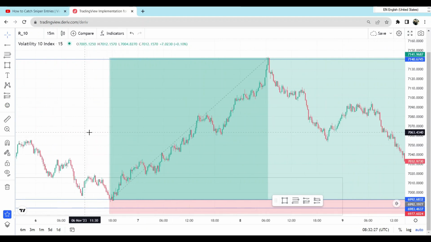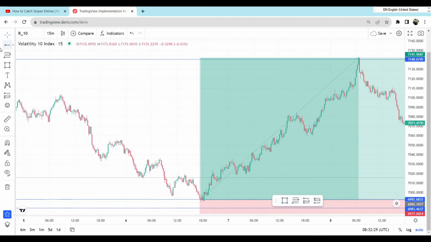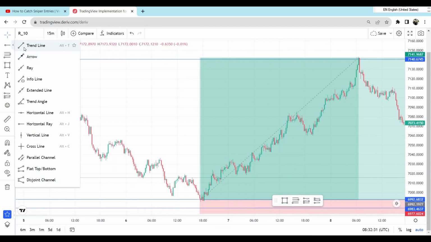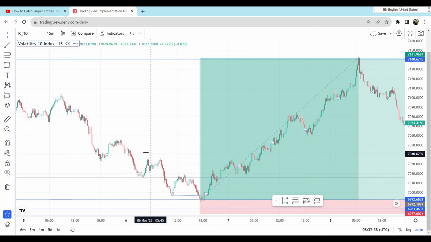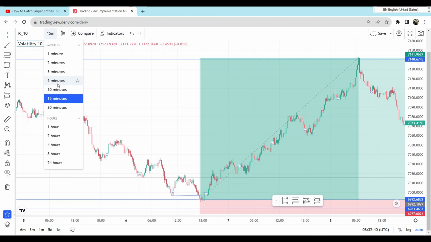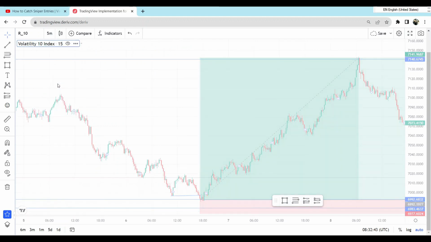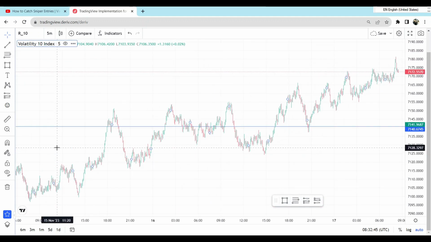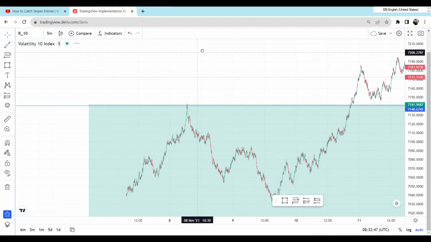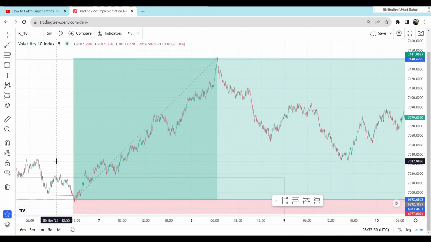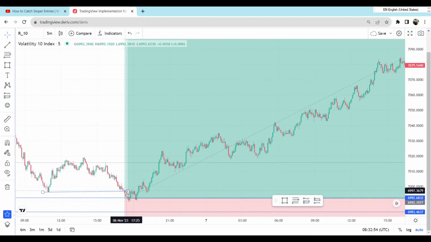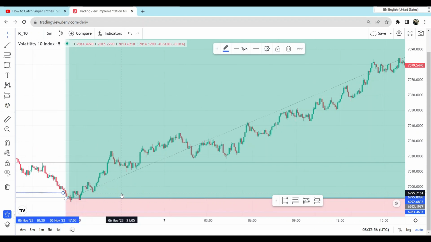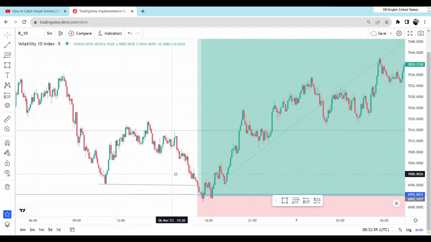If I show you guys here, what we have here is a break of structure just there, and then if I go down to the 5-minute time frame, so guys, on the 5-minute time frame, I have a break of structure there.